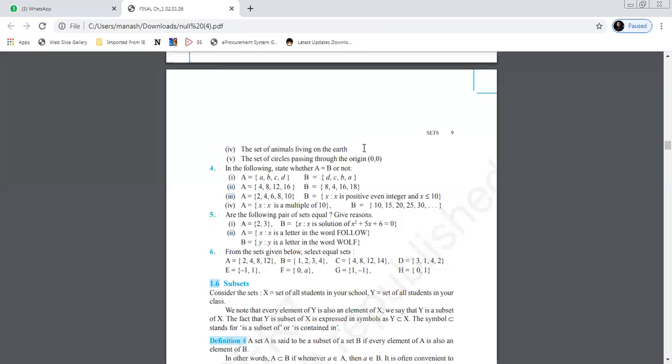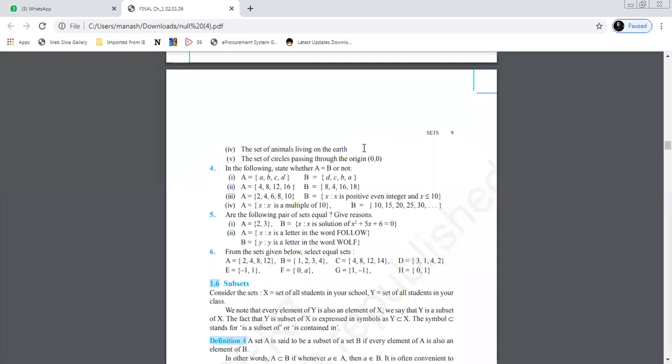It is not possible for us. But we can count those animals, is it or not? It is possible to count those elements. So if you keep counting in this way, at last it will end. Clear? So that's why it is a finite set.